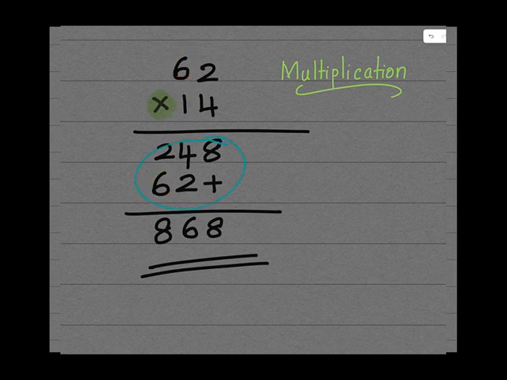Then add both the values. 8 plus 0 is 8. 4 plus 2 is 6. And 2 plus 6 is 8. So that's how we got the answer 868.